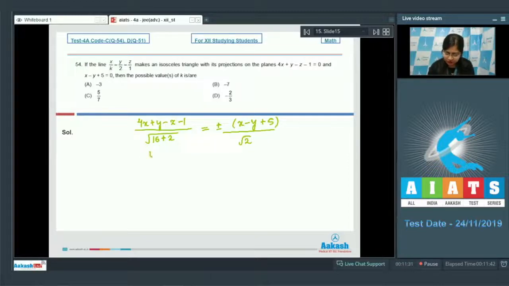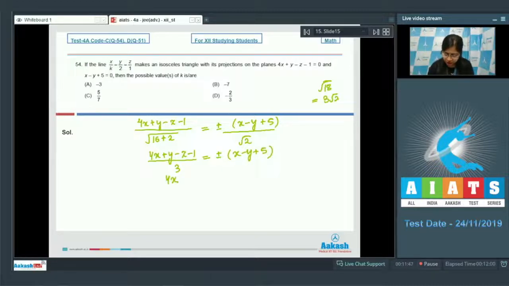So this is equal to 4x plus y minus z minus 1 divided by root 18, that can be written as 3 into root 2. So this is divided by 3 is equal to plus minus x minus y plus 5.